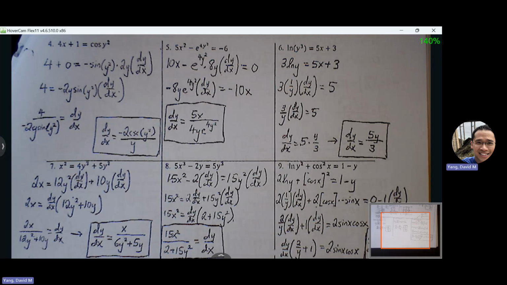Number 7, notice that there are 2 instances of y's, so you're expecting 2 dy dx's to pop up in your derivative equation.